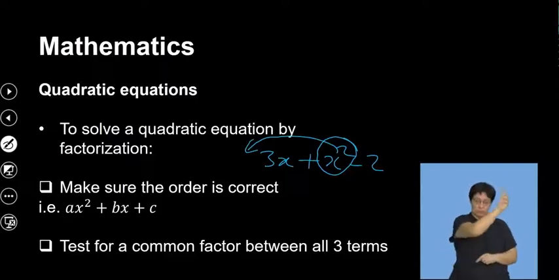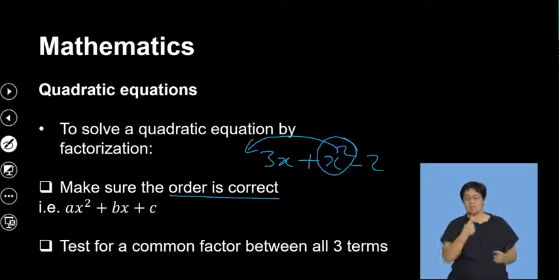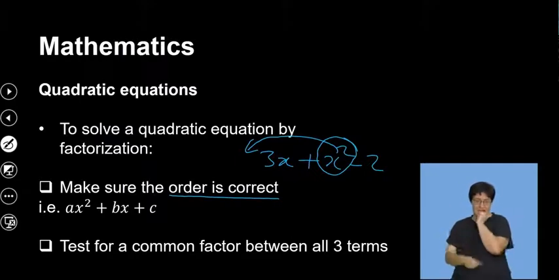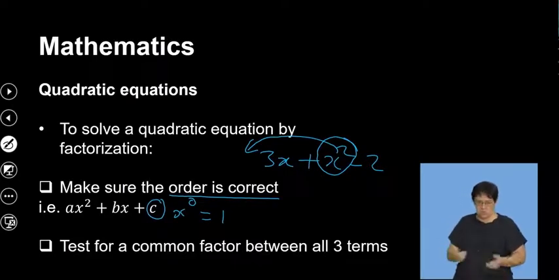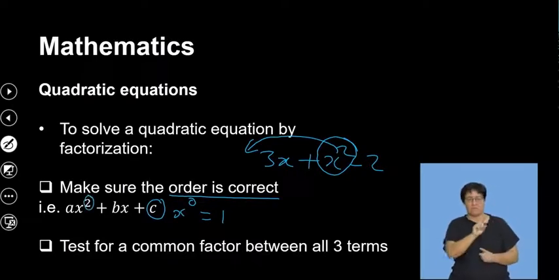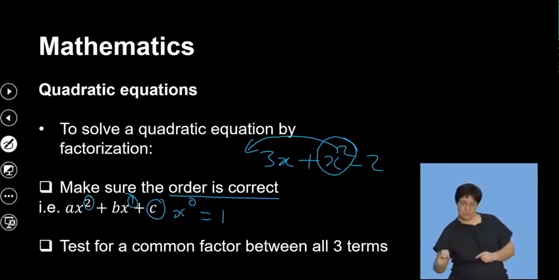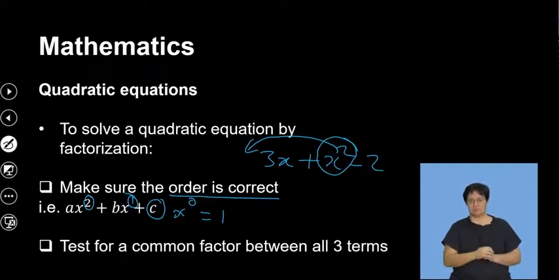So the correct order says that the exponents need to be in descending order from the first one up until the last one. C here does have an exponent, which is x to the exponent of 0, which is the same as 1. That's why it's just c. So the exponent of the first term is 2, it goes down to 1, it goes down to 0.